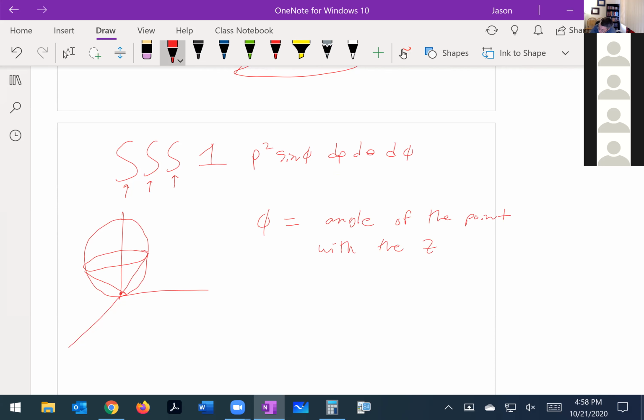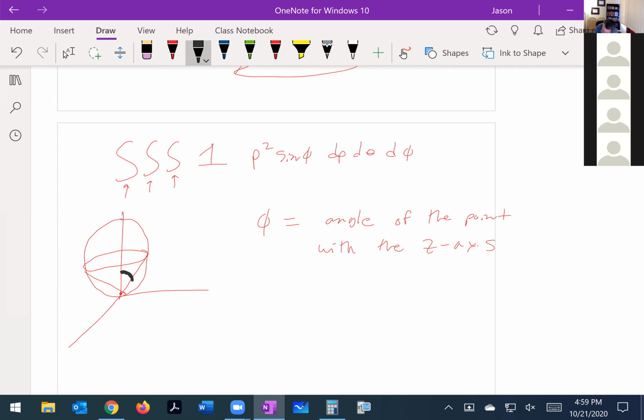So what's the angle that's being made here with the z-axis? I'm going to do a different color. And that's a really cool problem. Personally, I think it's a cool problem. What's the angle that's being made here? Where are we going? We're going from here to here. That's the angle.